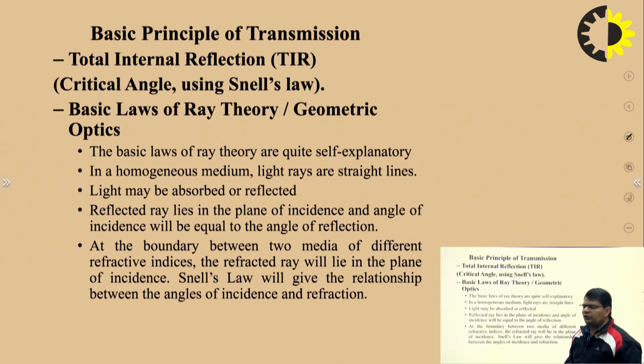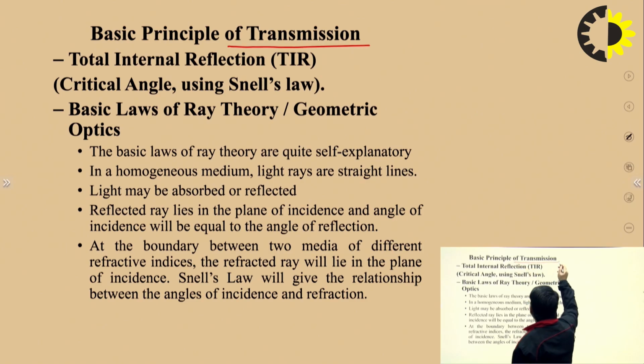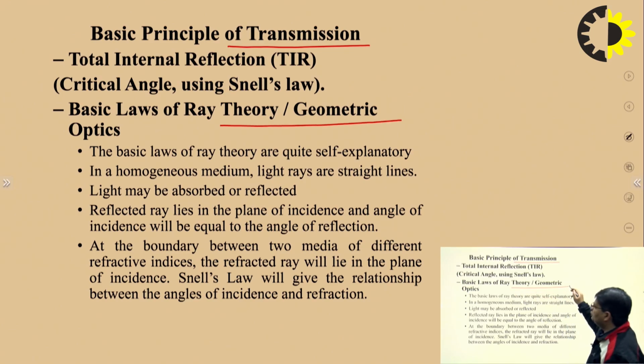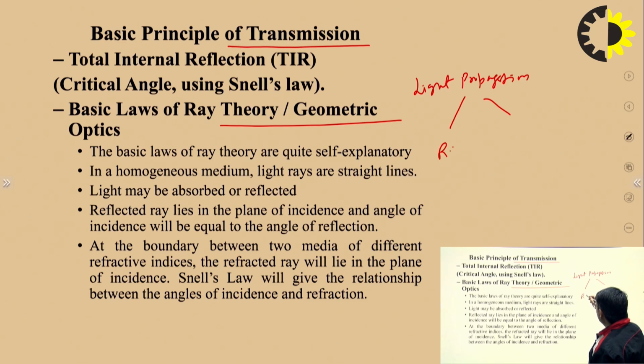Then the working principle of optical fiber or propagation of light in the fiber can be explained through the ray theory or ray geometric optics. So basically, propagation of light inside the fiber can be explained either using ray theory, also known as the geometric optics, and another is known as the wave theory.